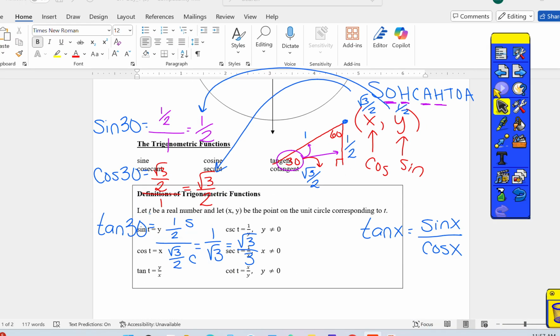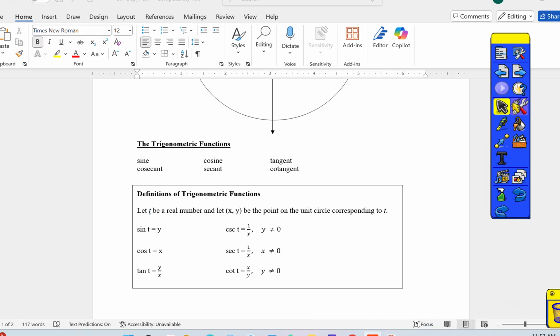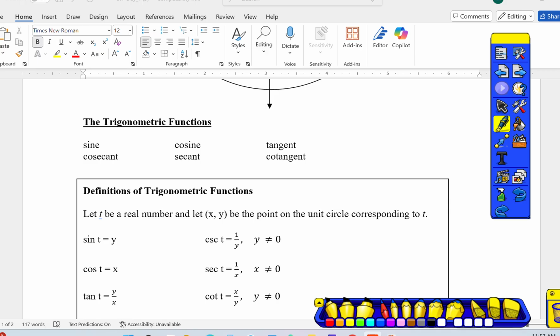So in this list here, where it says the trig functions, we've got the three that we know. That's them all written out nicely, not abbreviated. So sine is actually spelled S-I-N-E, but we abbreviate it S-I-N. And we know that that's opposite over hypotenuse, or our y value.